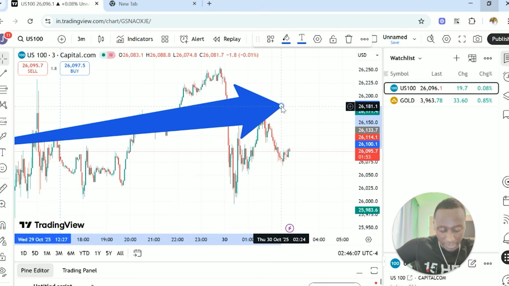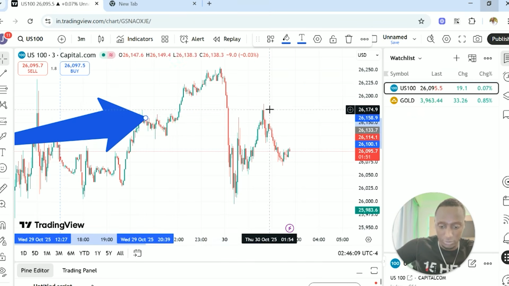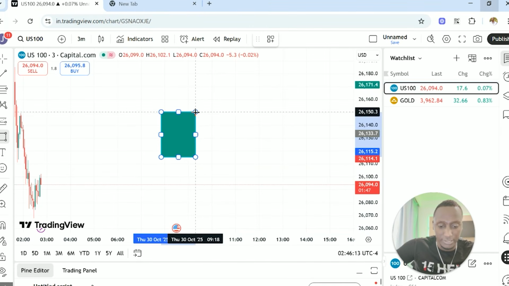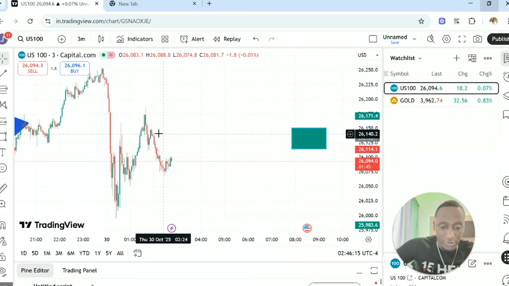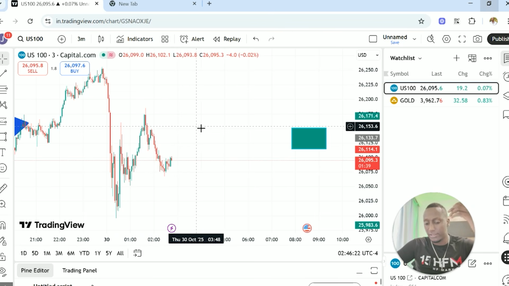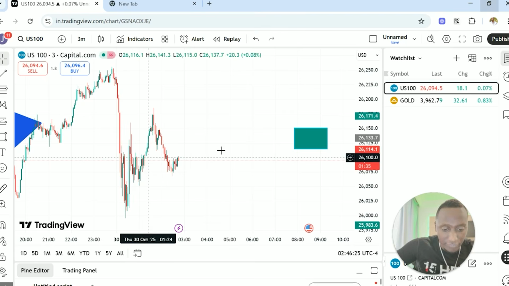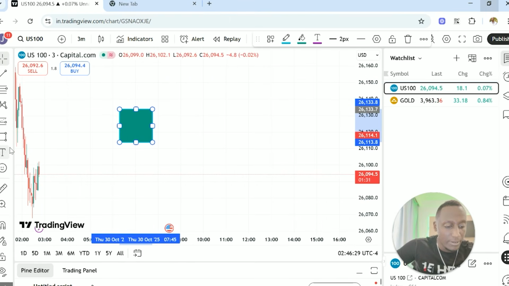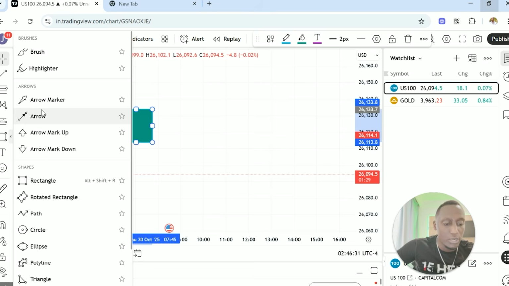These charts are made up of candles. And a candle is just a representation of price and time. You can see we have green candles and red candles to differentiate the direction of the market. For me, if I see a green candle, it means price is going up and we are bullish.